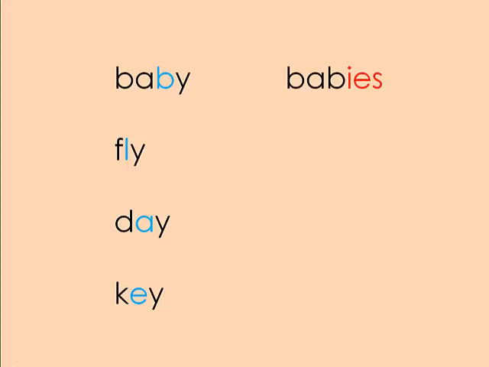Baby, by. That's a consonant and a Y. So babies, ies. Fly, flies, L and Y. L is a consonant, so flies, ies.